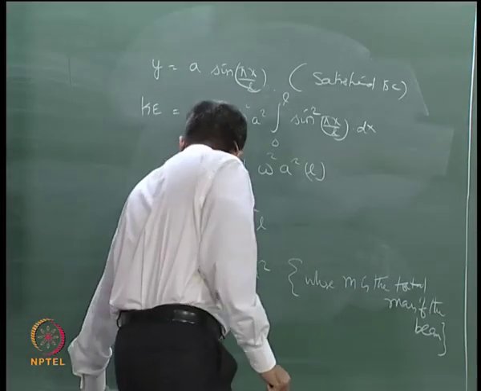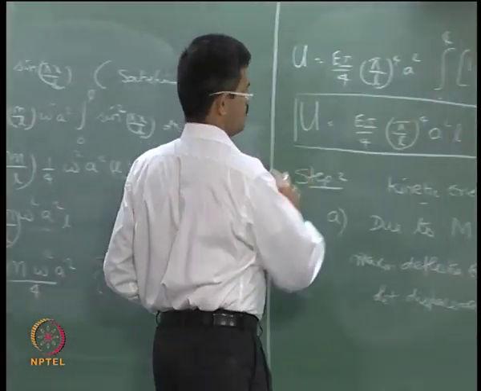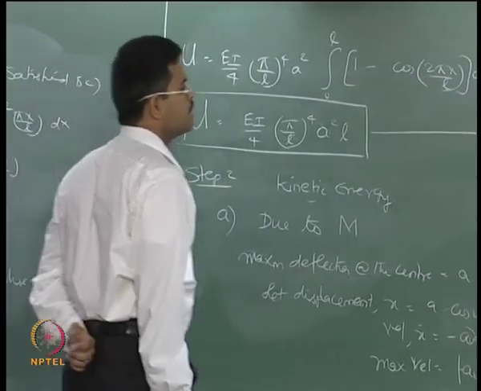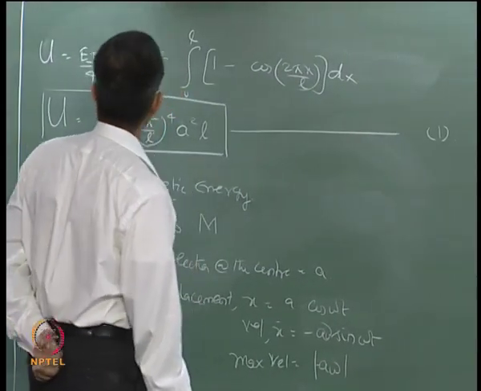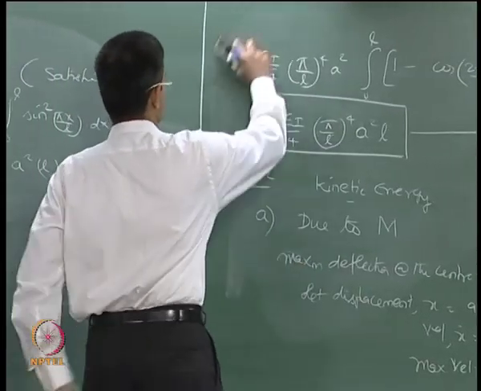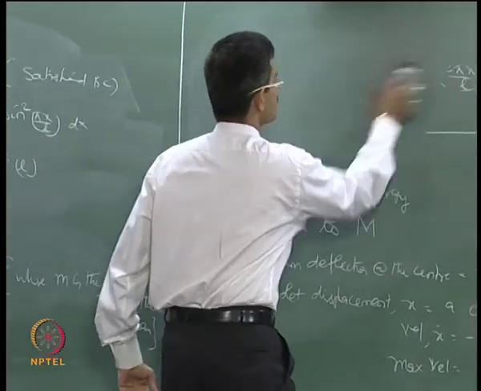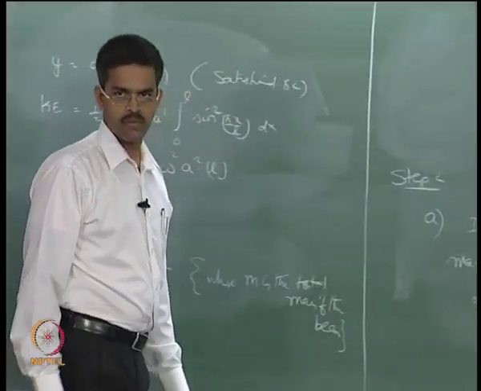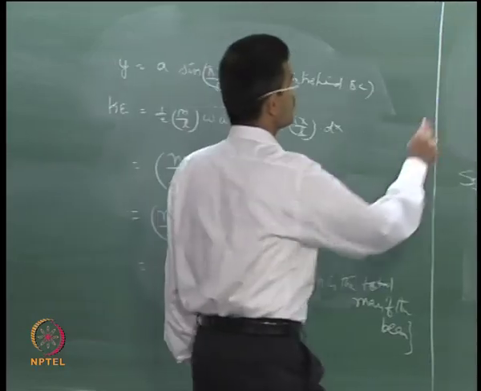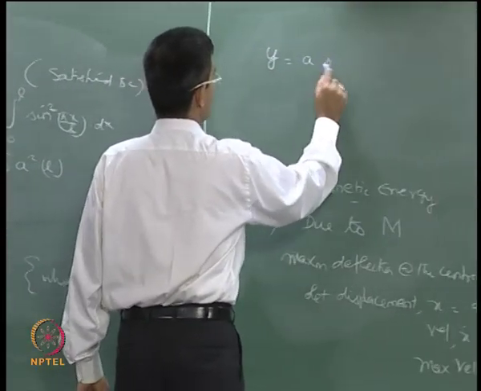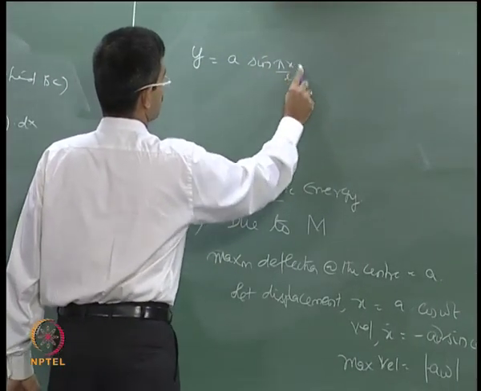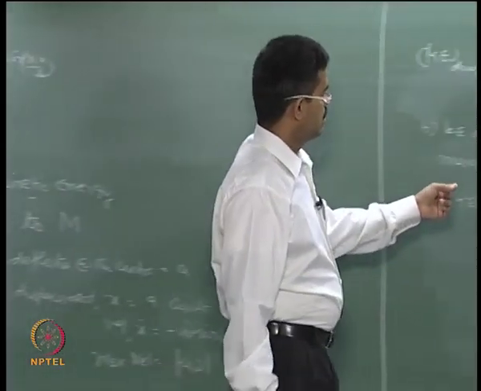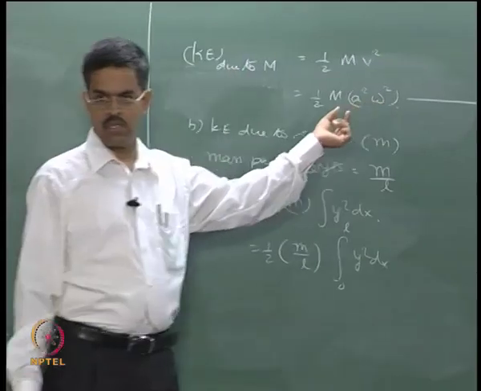So, the total kinetic energy will be the sum of y equal to A sin pi x by L, y dot, y double dot, and the maximum amplitude is A square omega square.